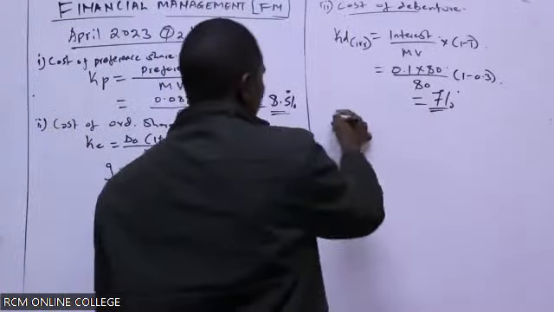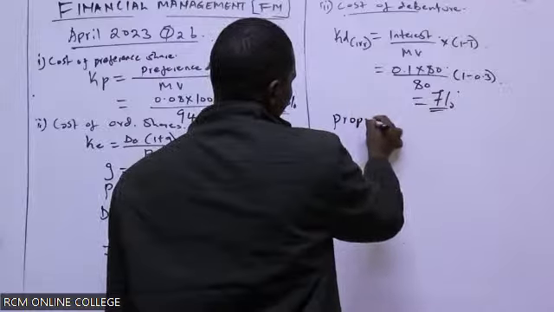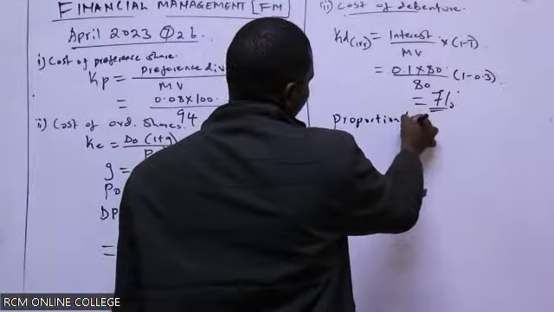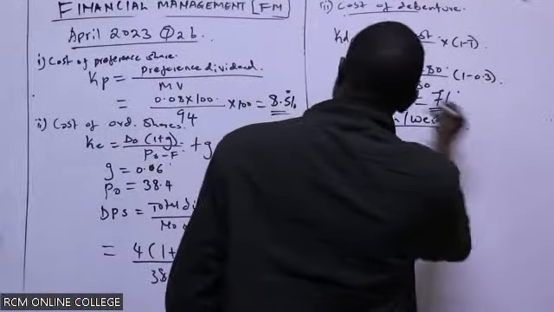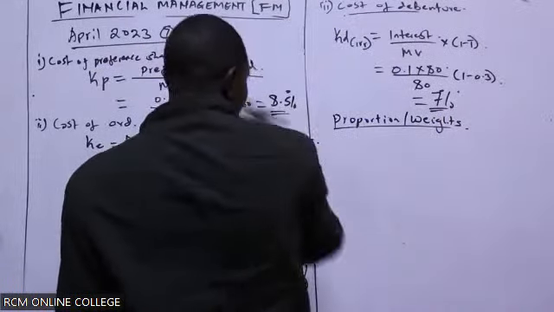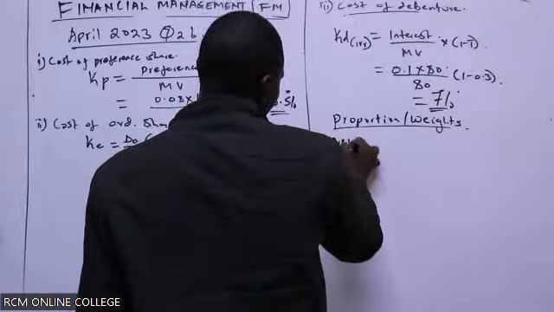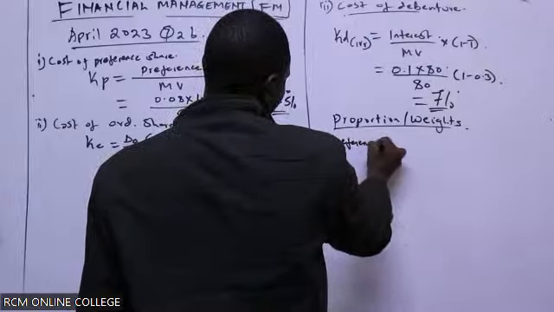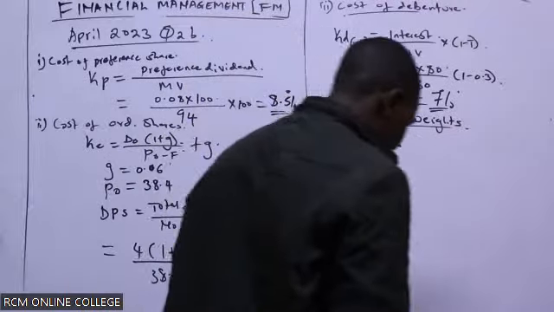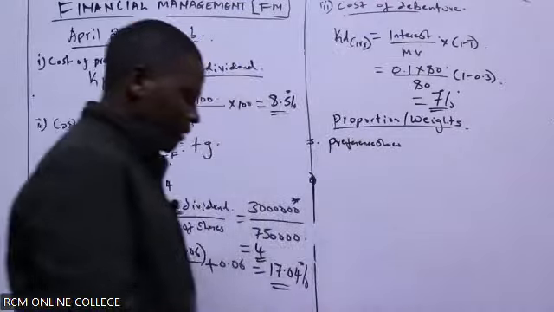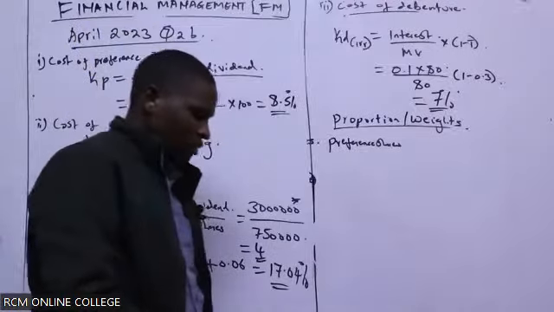So let's get the proportion or weight. Proportions. Weights. So tunaweza anza tu na yenye tuko nayo hapa juu, cost of preference share. Value ya preference share ni ngapi?